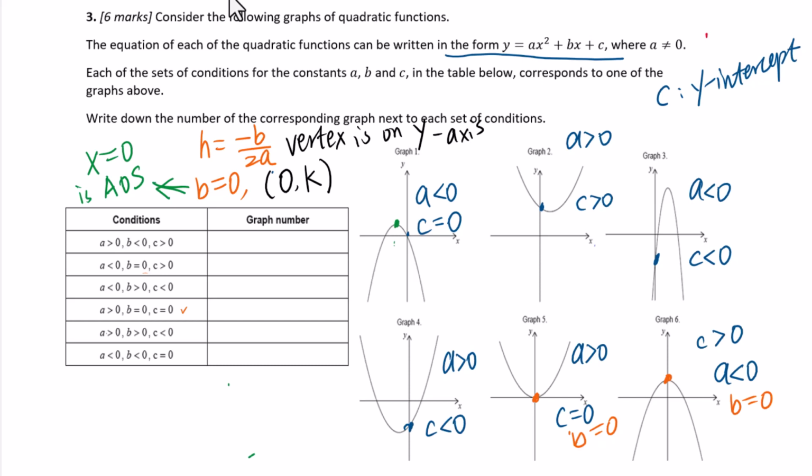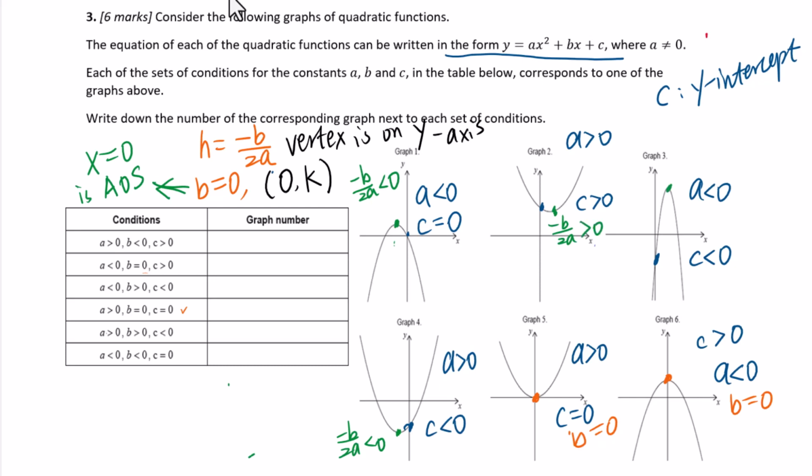This vertex is on the left side of the y-axis, means negative b over 2a less than 0. This also on the left side of the y-axis, negative b over 2a less than 0. Vertex is on the right side of this y-axis, negative b over 2a is positive.